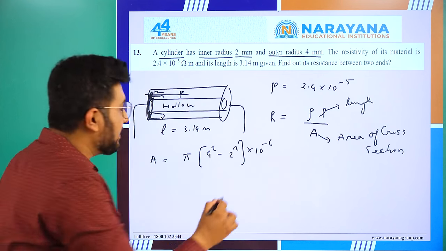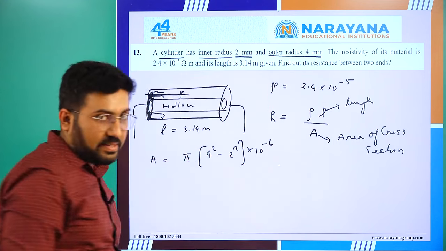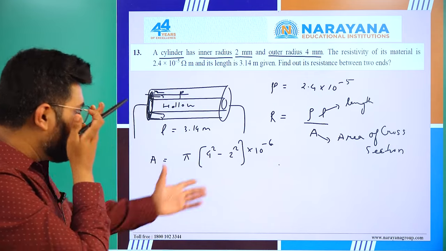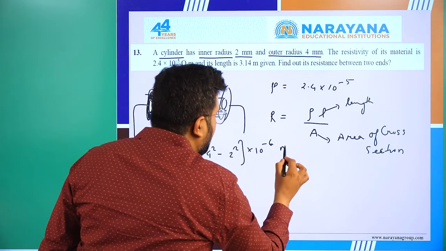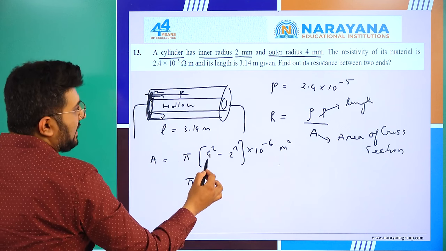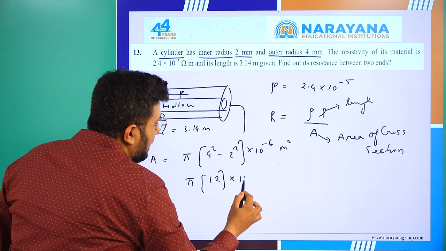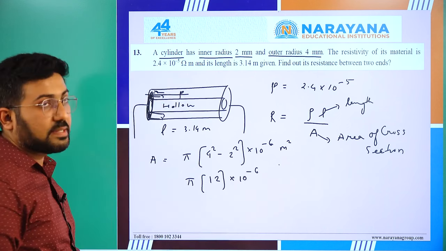Why 10 raised to the power minus 6? Because they have given you the radius in millimeter, so I am converting it into SI unit. So this will be in meter square. So I will get pi into 16 minus 4, that is 12, into 10 raised to the power minus 6.